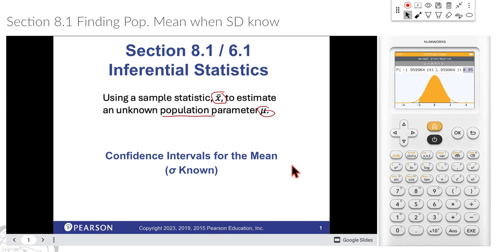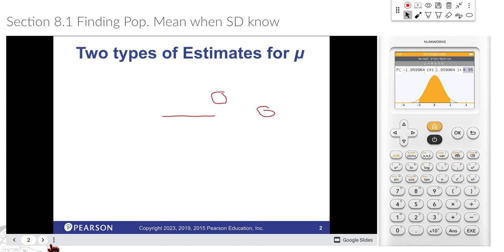Now you might ask, if we don't know the mean, how would we know the standard deviation of a population? Sometimes it is known. We will look at ways to proceed when it's not known. But today we're going to assume we know the standard deviation of the population, and that's going to help us estimate what the mean could be.